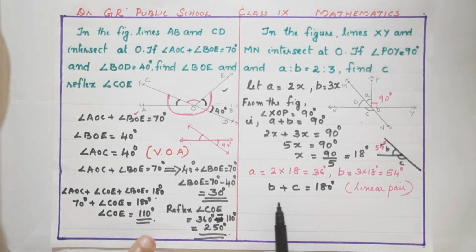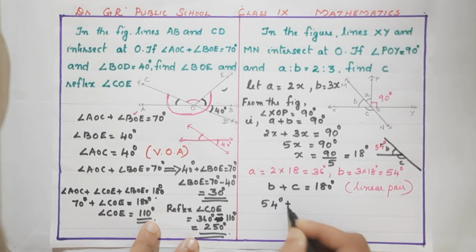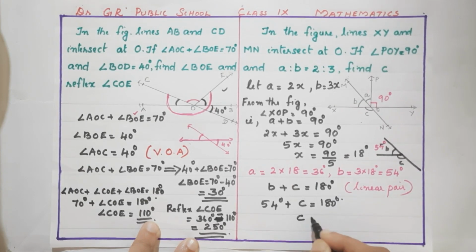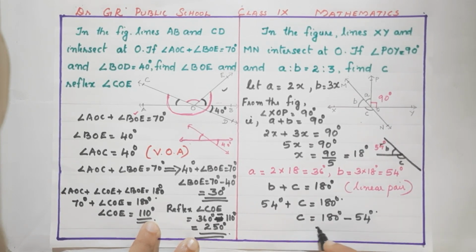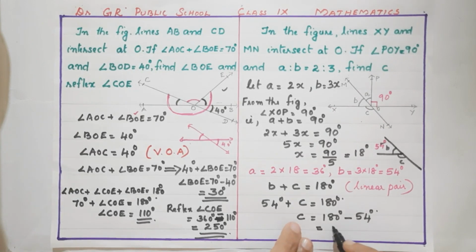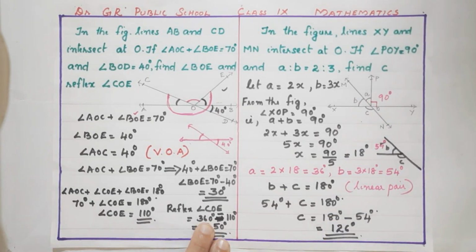Now B is 54 degrees, plus C is equal to 180 degrees. So C is 180 degrees minus 54, which is 126 degrees. Children, the value of C is 126.